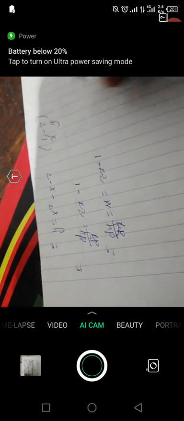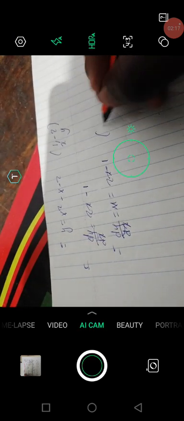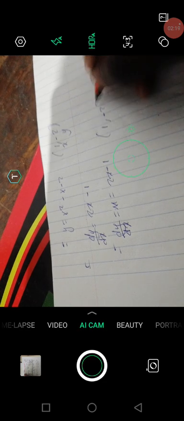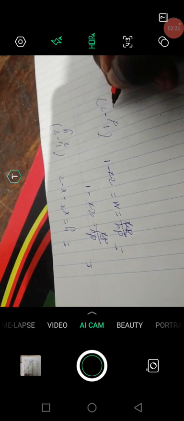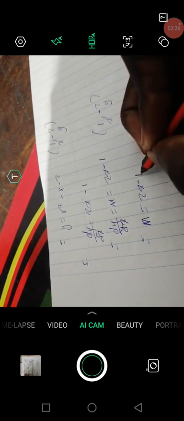Remember I've got the coordinates 1 comma negative 2, x and y. So my gradient is equal to 2x minus 1. Whatever is x, I'll be putting 1, because it has been given.